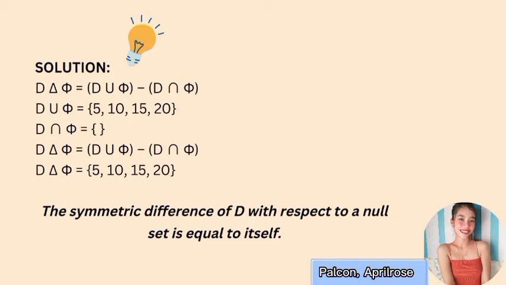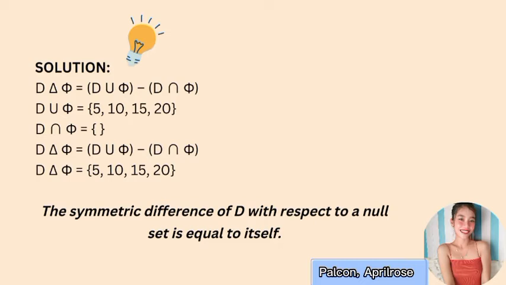of D and the empty set close parenthesis. Union of D and the empty set equals the set of 5, 10, 15, 20. Intersection of D and the empty set equals the empty set. So, symmetric difference of D equals open parenthesis union close parenthesis minus open parenthesis intersection close parenthesis.